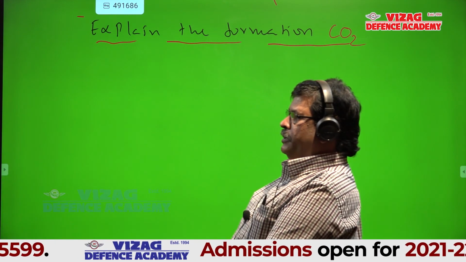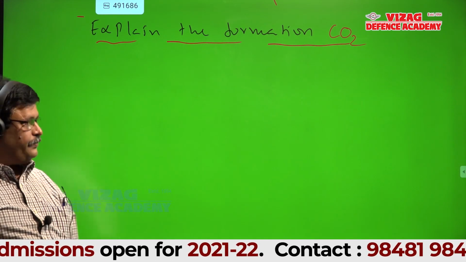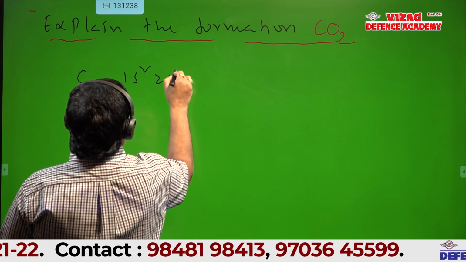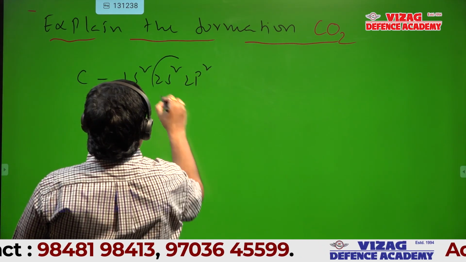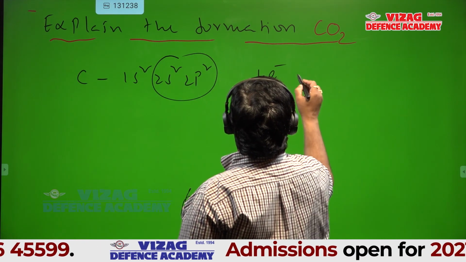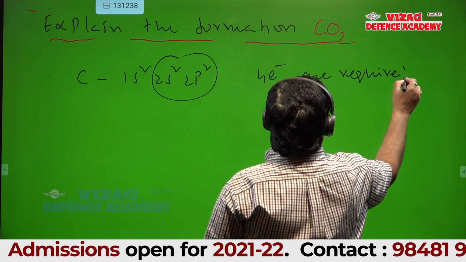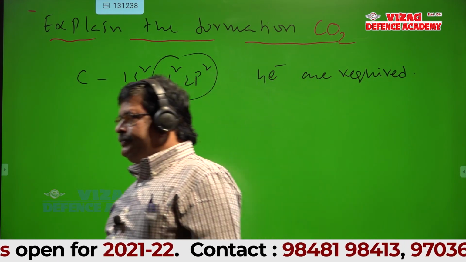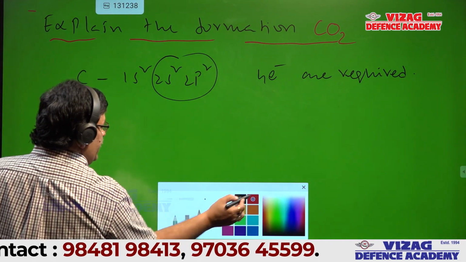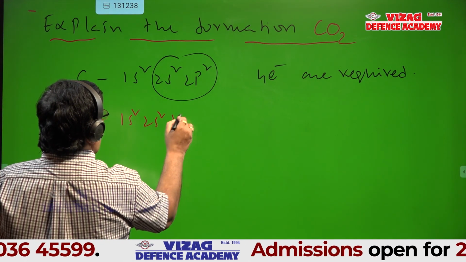Okay, right. See, I'll write that on the board. Carbon 1s2, 2s2, 2p2. There are 4 electrons in the valency shell. So 4 electrons are required. Is it okay? Then oxygen 1s2, 2s2, 2p4.